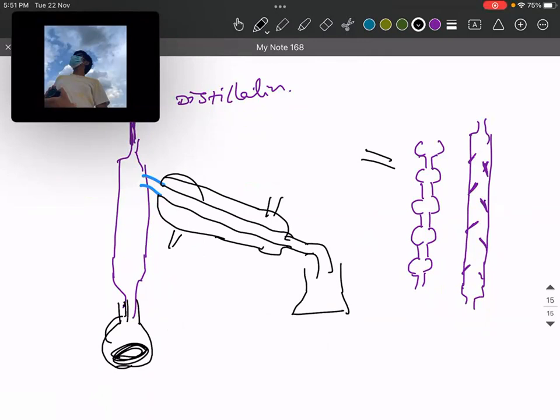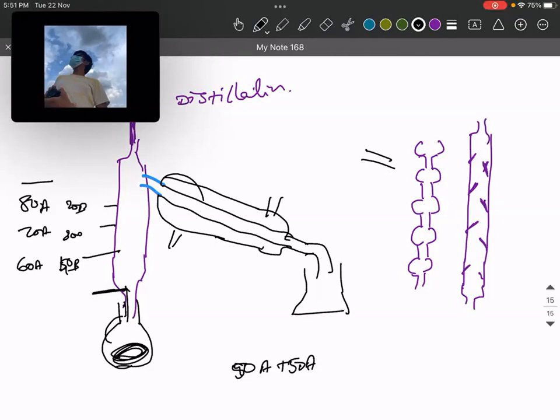For example, here you have 50% A plus 50% B. When it comes over here, then going here, what happens, 60% A and 40% B, then here 70% A, 30% B, then here 80% A, 20% B. When it goes to here, you will get 100% A. That 100% A will come out. The remaining will be the solution itself. Then it is called fractional distillation.